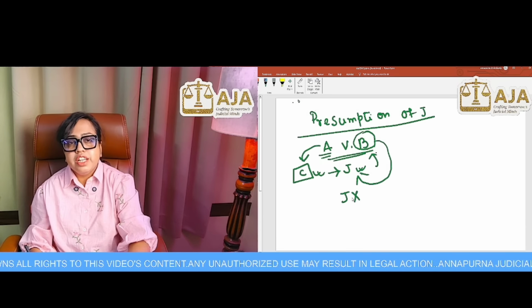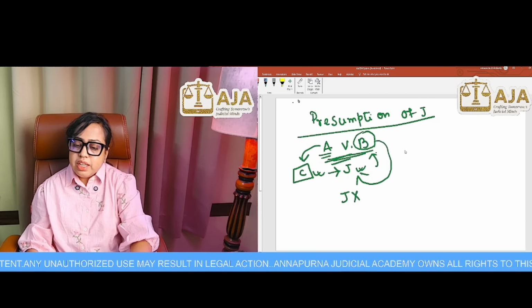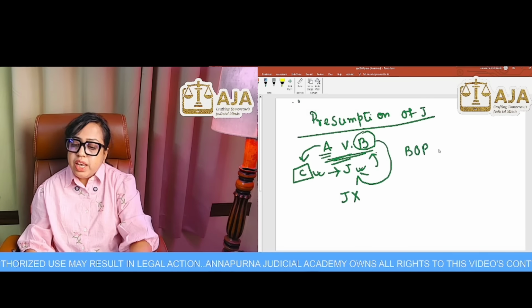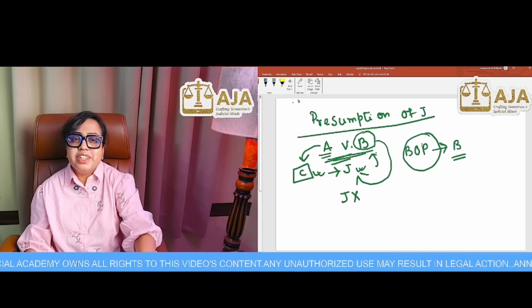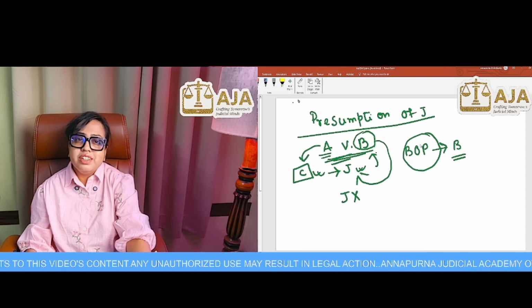Now, in this case, burden of proof will lie upon B. Why? Because burden of proof will lie upon that party who raised the objection regarding the jurisdiction.